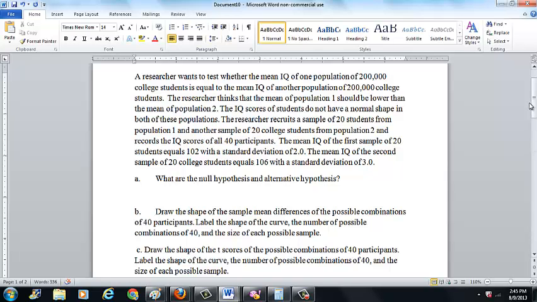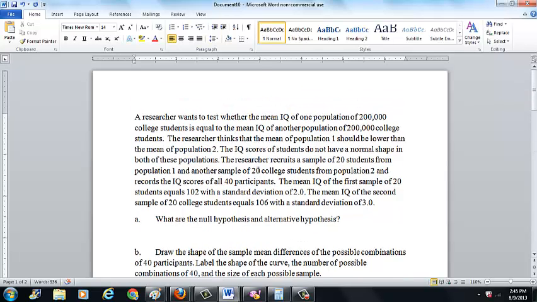This last one says the IQ scores do not have a normal shape in both populations.